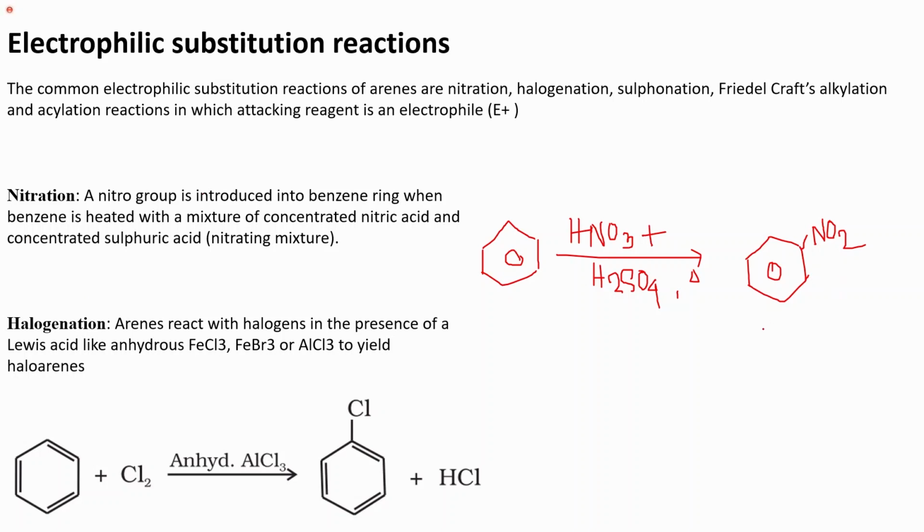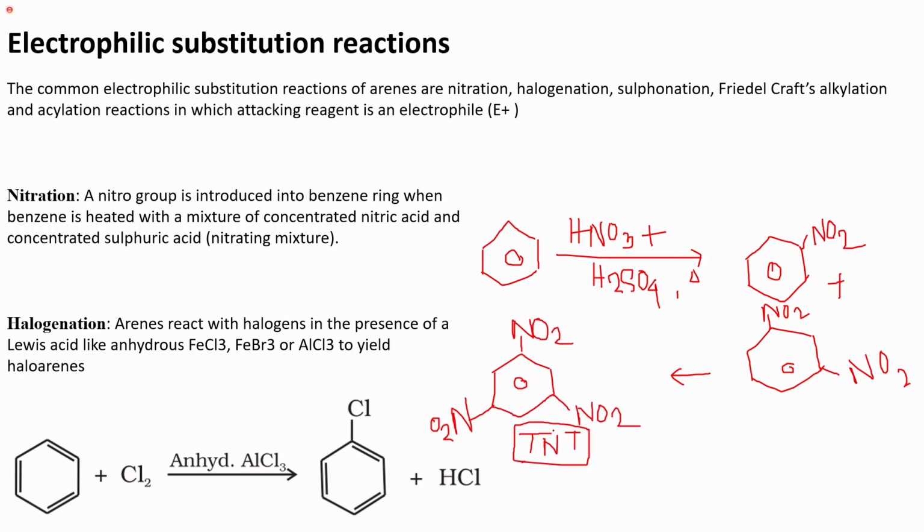Not only the monosubstituted product, you can also get disubstituted products, ortho as well as meta. And if you use more HNO3, you will get trinitro compounds.